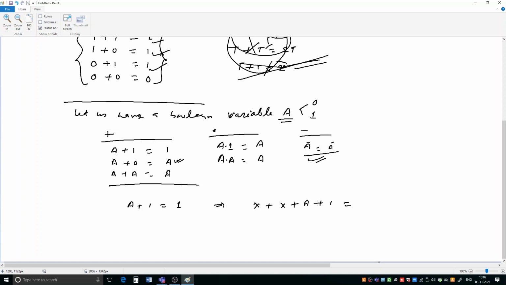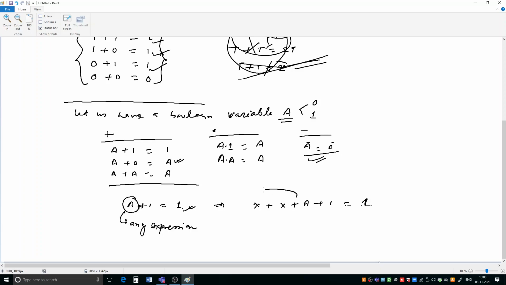Simply you can see, just now I have written A plus 1 equal to 1. So this A can be any expression. Simply you have to remember it like this: anything plus 1 in Boolean algebra, or you can say 1 plus anything, will always be equal to 1.